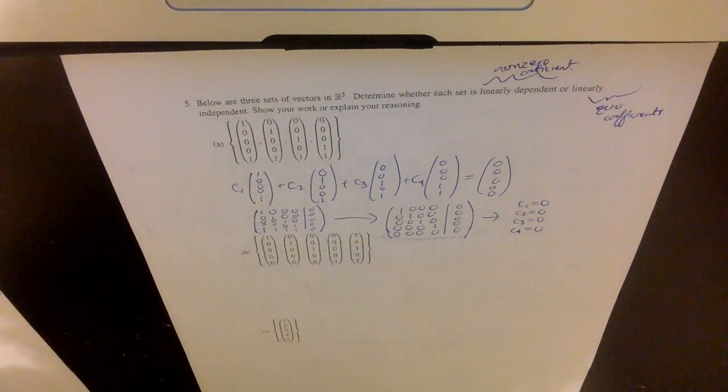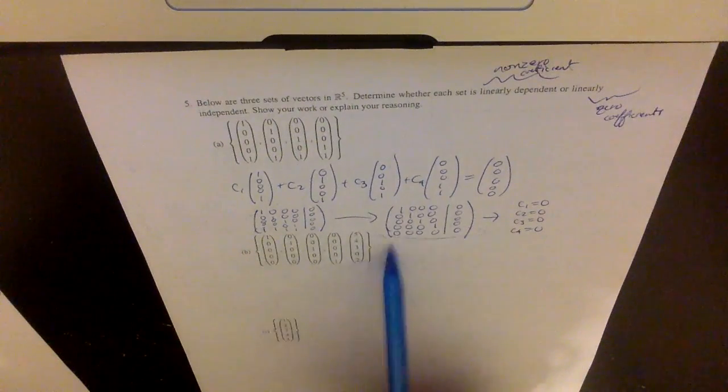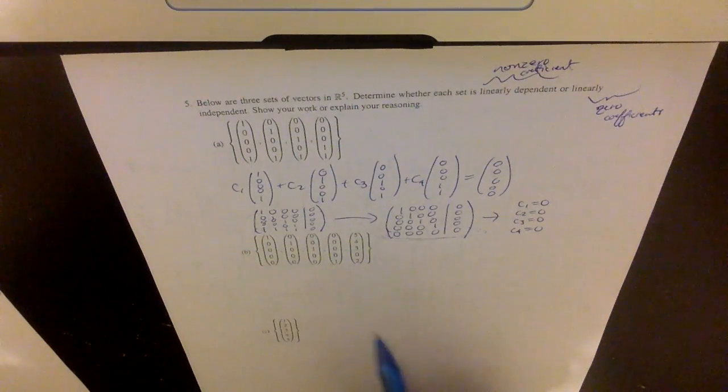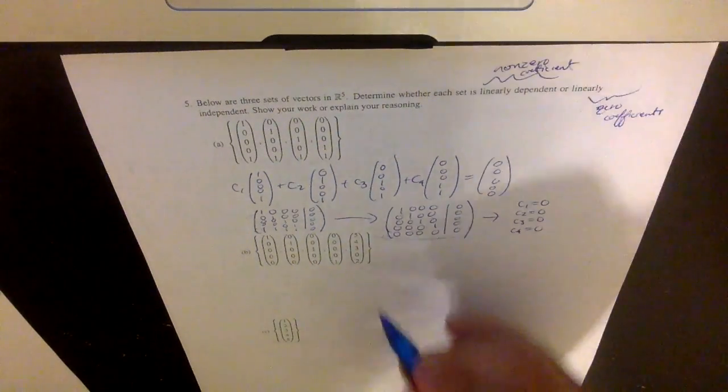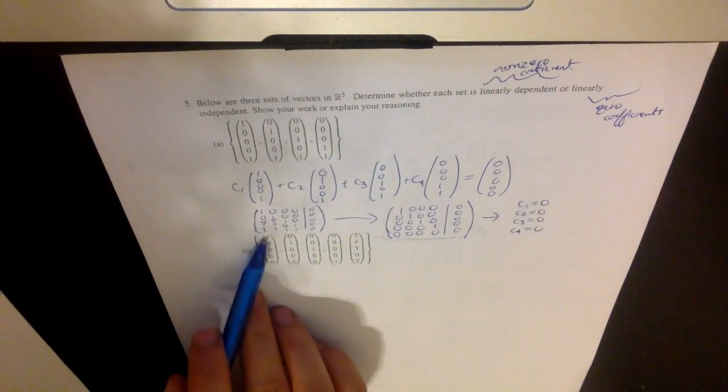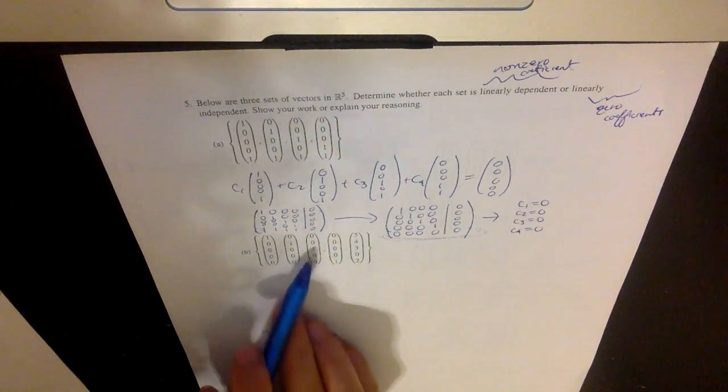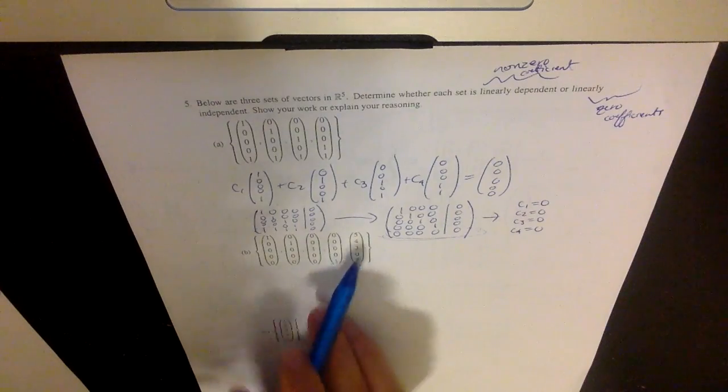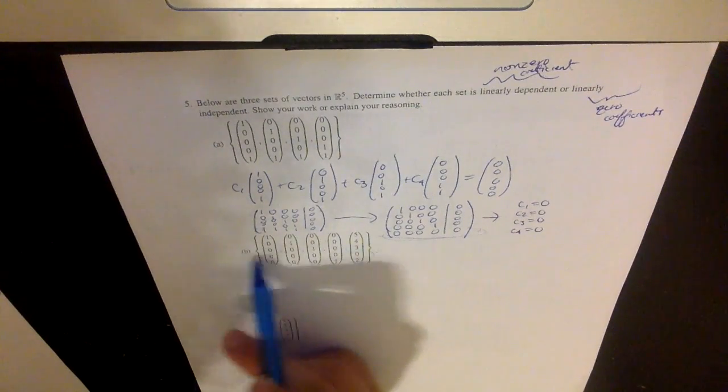Okay, now the second one, we want to see if there's a set of coefficients so that when we take these vectors and add them all together, we get 0. Okay, so one thing to notice is we have a 1 here in the first component, second component, third component, fifth component, and we have zeros all the way through in the fourth component.